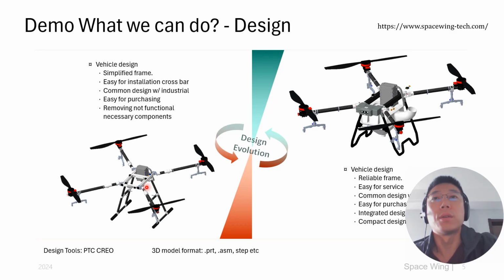When we design a prototype, we also need to work out the series production. We need to make sure the prototype and the series production architecture are similar, and we can demo the performance. We can have similar weight and sizes to make sure we can achieve our target. For the prototype, we use a very simplified frame with a common design with the industrial one.